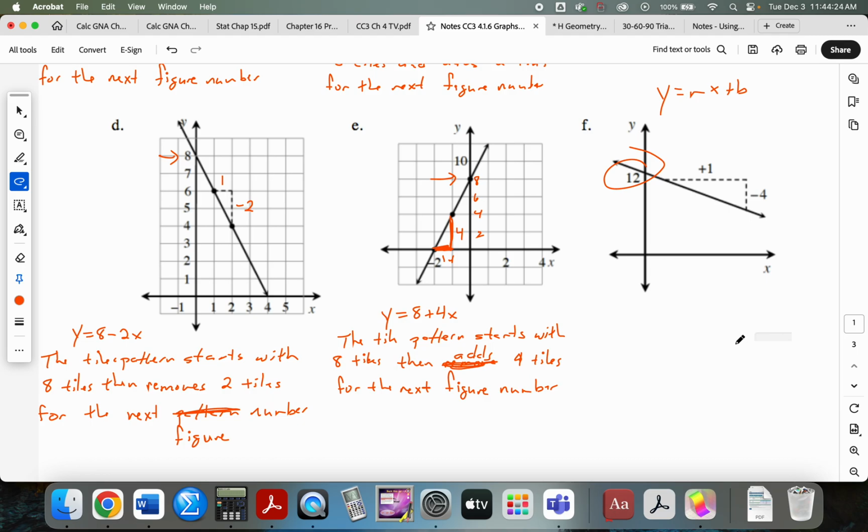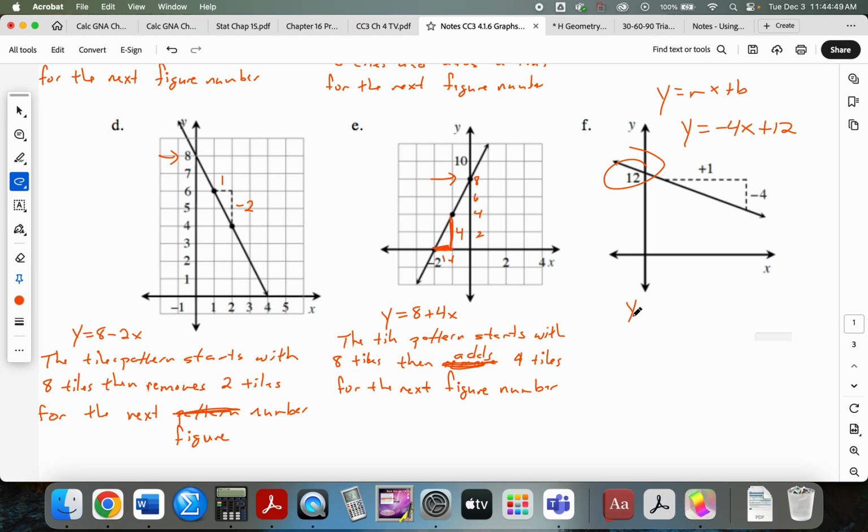Y equals 4x minus 12. No, mine was negative 4x plus 12. I said yours is subtraction. This is part of why I don't start off in y equals mx plus b form.